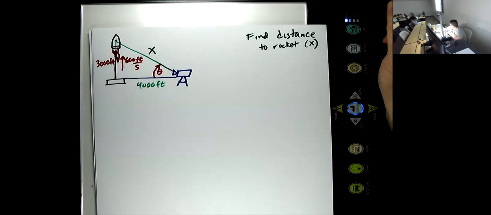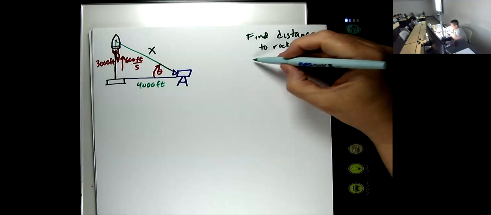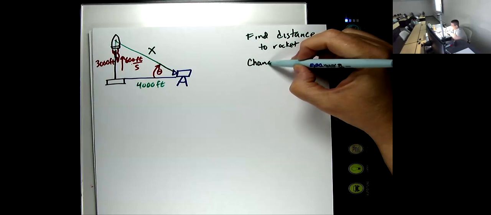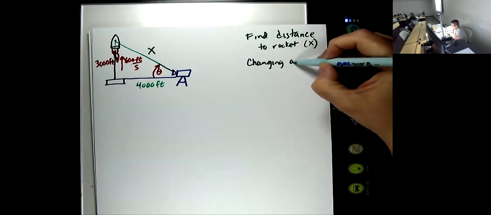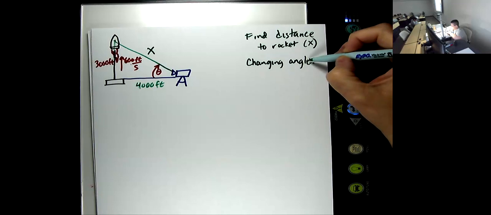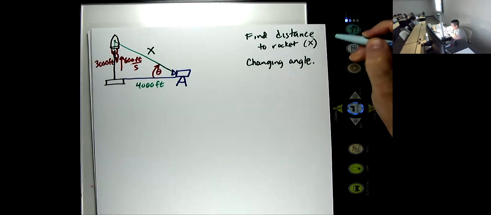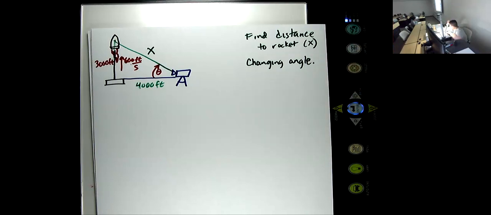And it says, if the television camera is always aimed at the rocket, how fast is the camera's angle of elevation changing at the same moment? So changing angle. So it's how much is the angle changing with time?